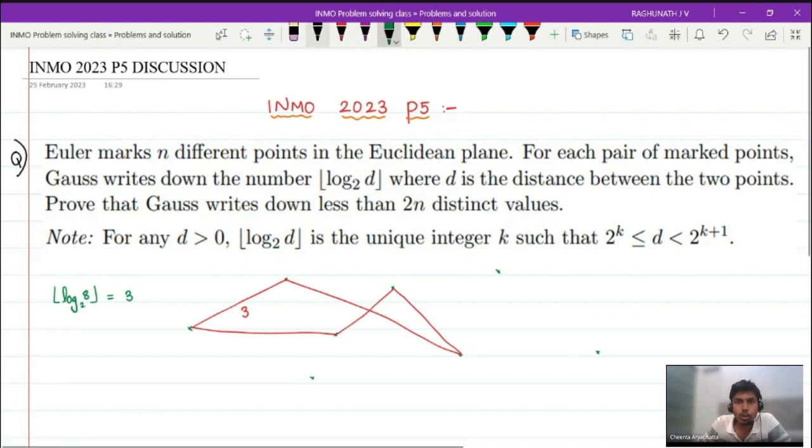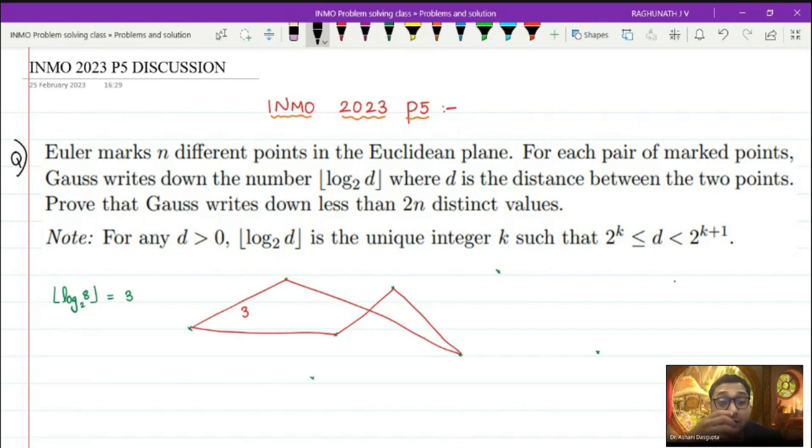So how many pairs are possible? Say n points are there. Can you guess how many pairs of line segments are there in this configuration? If you have n points, and we choose two points from those n points, every pair of points will define a line, but they can also be collinear.